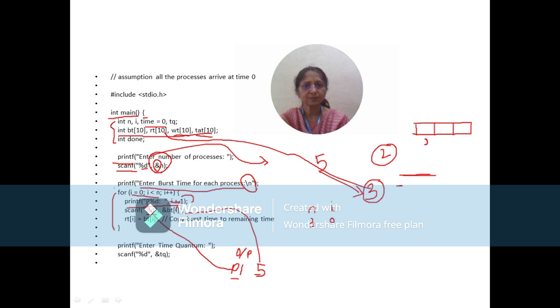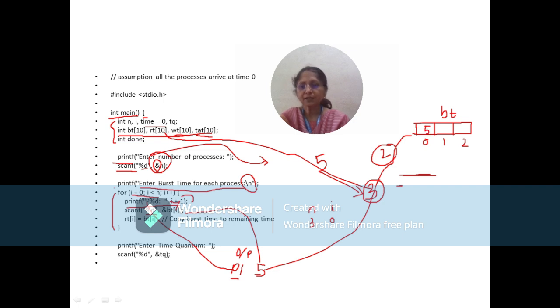This is subscript 0, 1 and 2. So the user has entered 5, and this is our array BT. Where will this 5 be stored? The 5 will be stored at subscript 0. So BT of 0 is going to store the value 5.